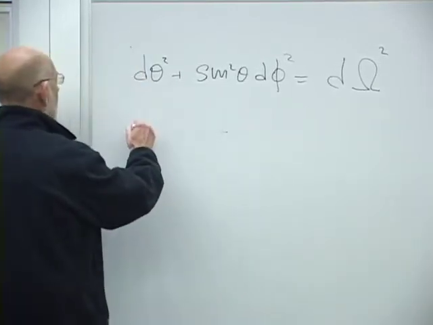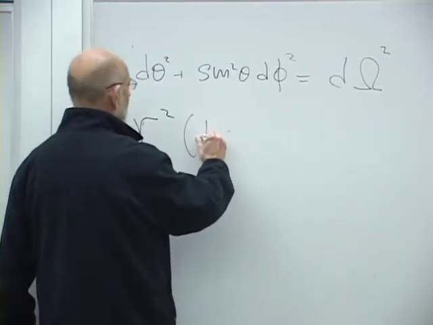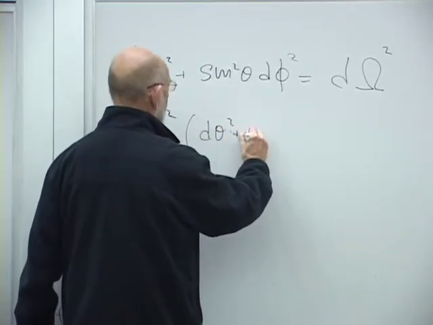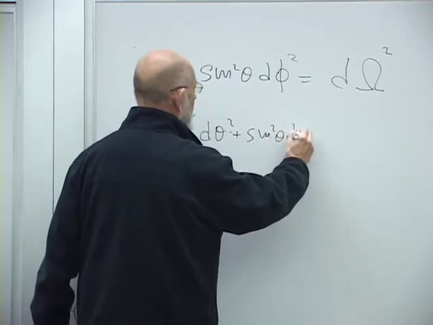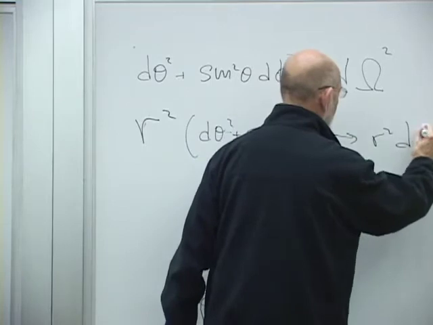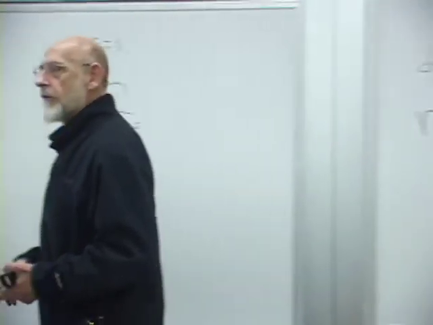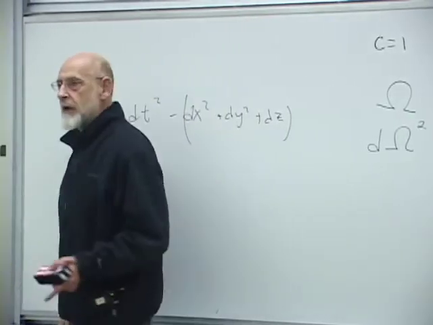Then we would write r squared, where r is the radius of that sphere, times d theta squared plus sine squared theta d phi squared, or just r squared d omega squared. So r squared d omega squared is the metric of a sphere of radius r.